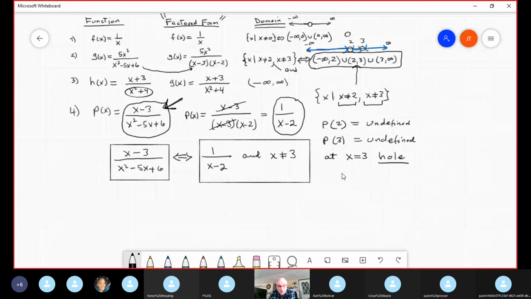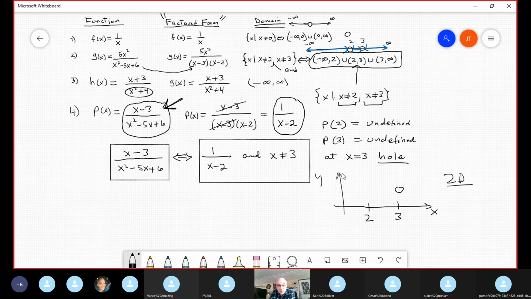When you are doing the graph of the P function, I have no idea about the rest, but I know that in 3 we have a hole. Suppose we have the x-axis and y-axis. You draw it like that. It's a hole. However, in 2, no hole. In 2, we have another thing. It's called an asymptote.